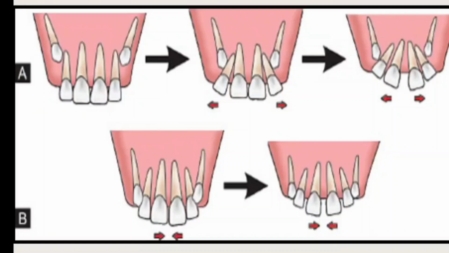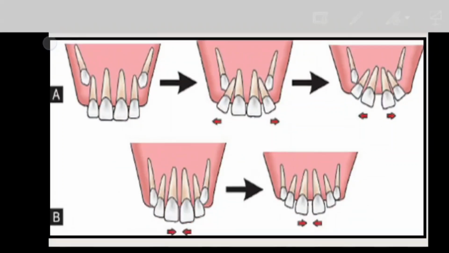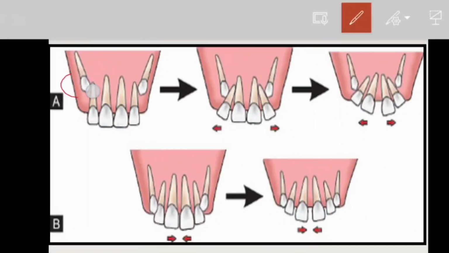When the permanent canine is going to erupt, it forces pressure on the root of the lateral incisor, which causes the root to move in this direction. You see this is the midline spacing.